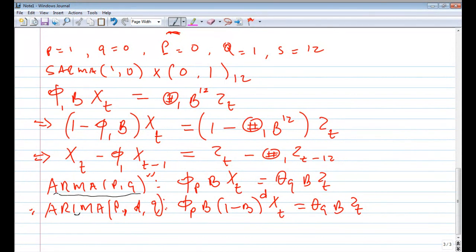The parts within the brackets are the order of the autoregressive part, which is P, the order of the integrated part, which is D, meaning differencing, and the order of the moving average, which is Q. Then it produces phi(B)(1 minus B)^d X_t equals theta(B) Z_t. Are we together?